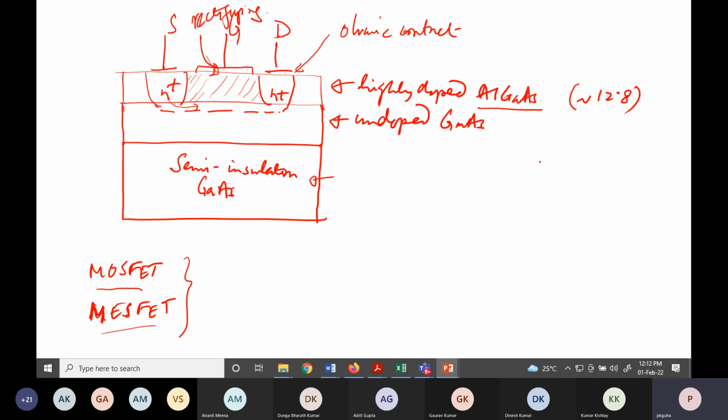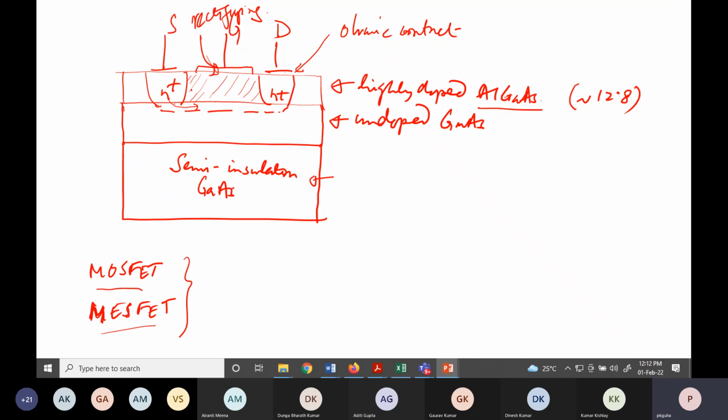It is 3.8 to be precise. So the dielectric constant of aluminum gallium arsenide is almost 4 times that of SiO2, right? So you see it is kind of a high-K dielectric material compared to SiO2, right?